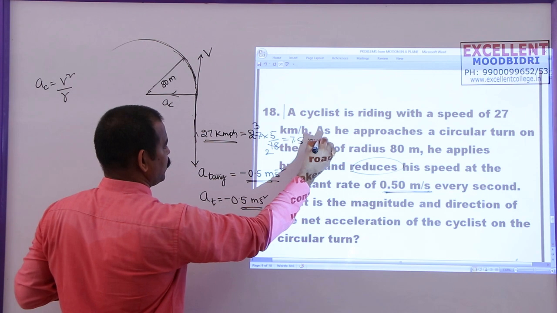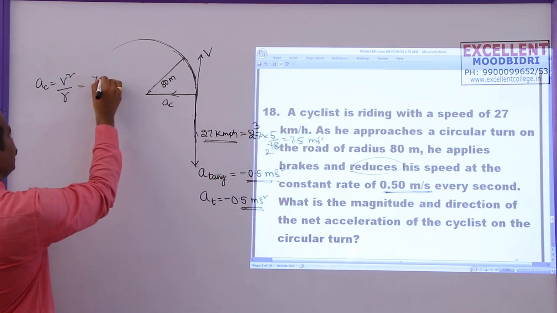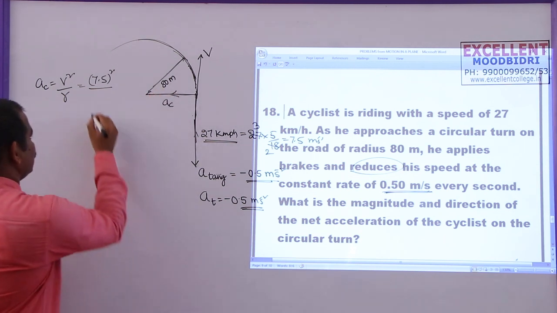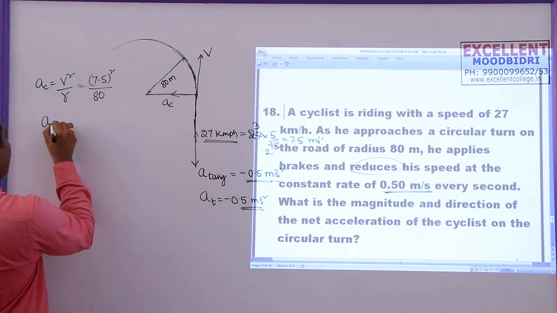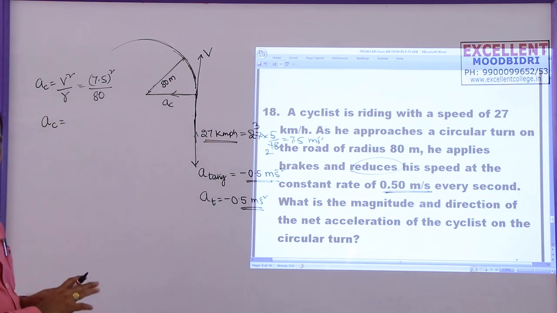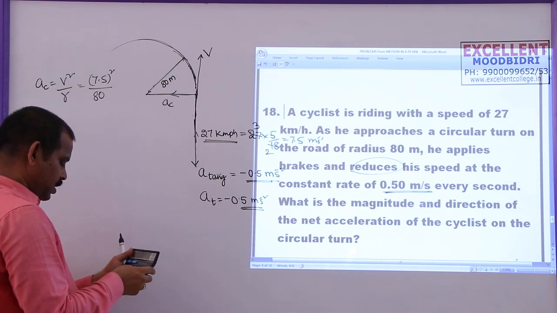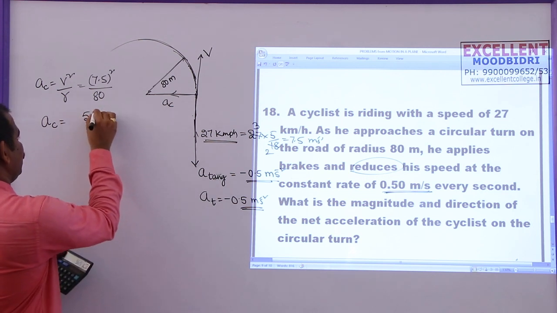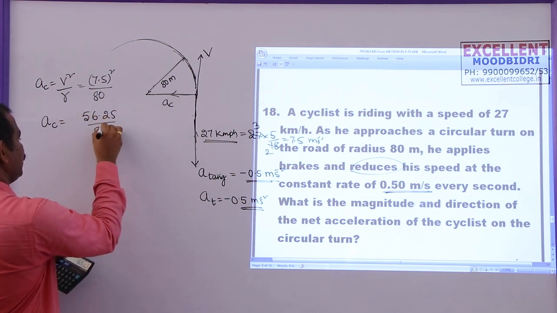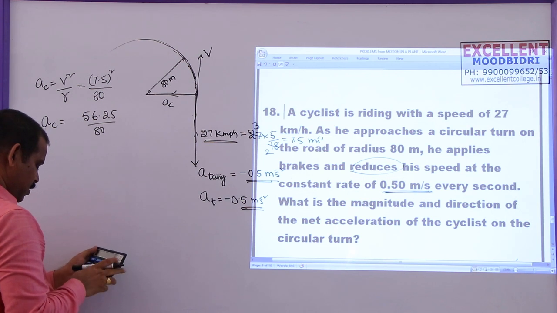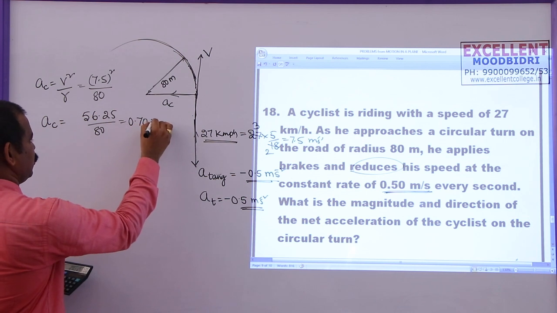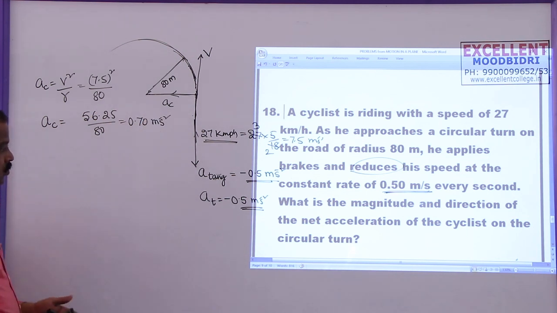So 15 by 2, 7.5 meter per second. So the velocity is 7.5 whole square by radius 80 meters. So centripetal acceleration is 7.5 into 7.5 by 80. 7.5 into 7.5 is equal to 56.25. 56.25 by 80 is 0.70 meter per second square.